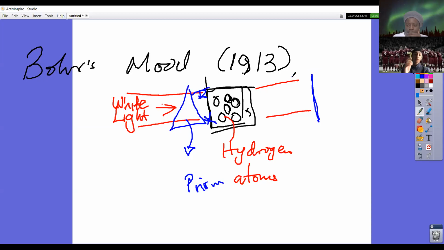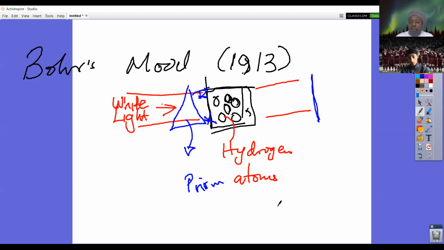Because most of the atom, as we discovered from the first one, is mostly space, but the nucleus probably blocked it or something. Yeah, the nucleus probably blocked it out. That could be a possible reasoning. Yeah. That's one way of looking at it.